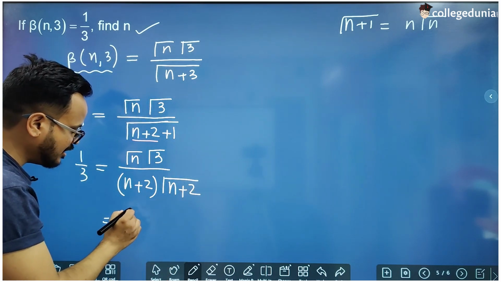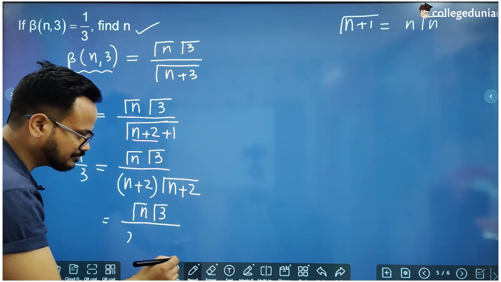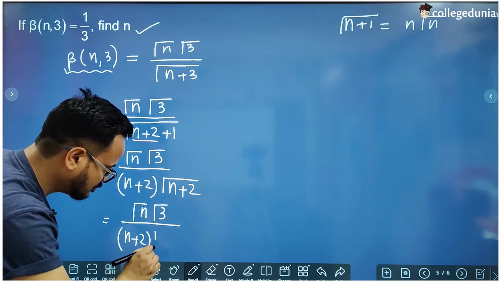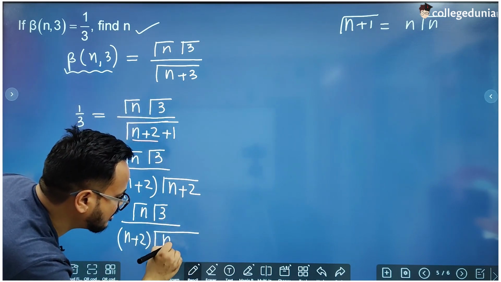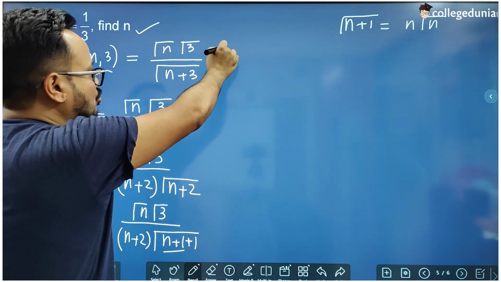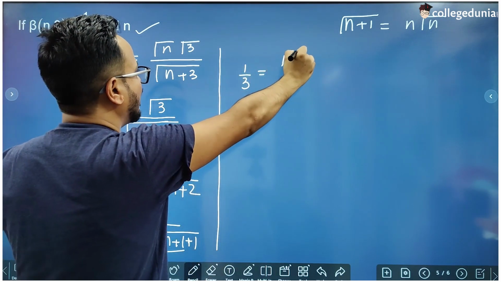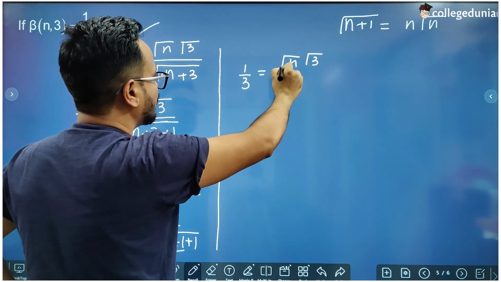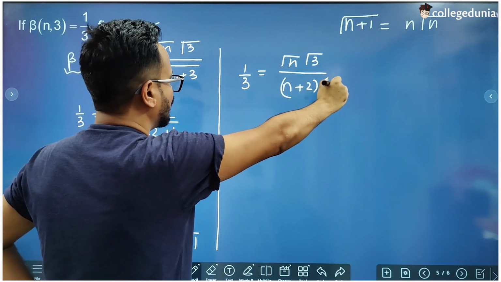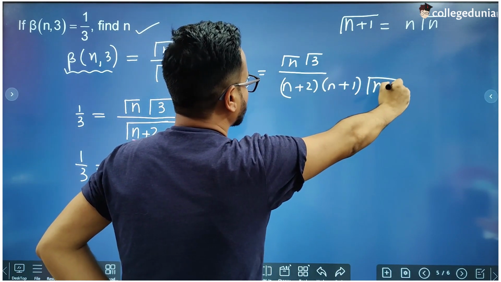Now again write this as n plus 1 plus 1, and again use that property. So this becomes 1 by 3 equal to gamma n gamma 3 divided by n plus 2 into n plus 1 gamma n plus 1.